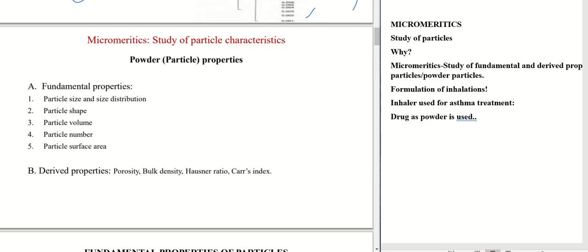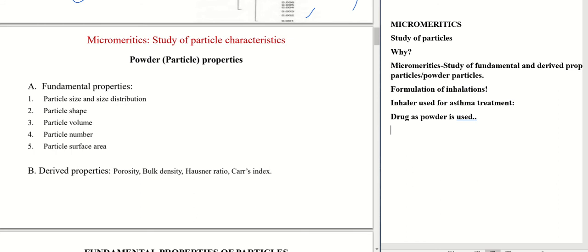Being a pharmacist, we should be really careful to formulate inhalations having powder particles of a specified particle size. If the particle size is greater than specified, it would obstruct the bronchioles. And if the particle size is much lesser than the specified range, there is a chance of the particles escaping into the air when we are pumping the inhalers, rather than getting into the oral cavity or the nasal cavity.